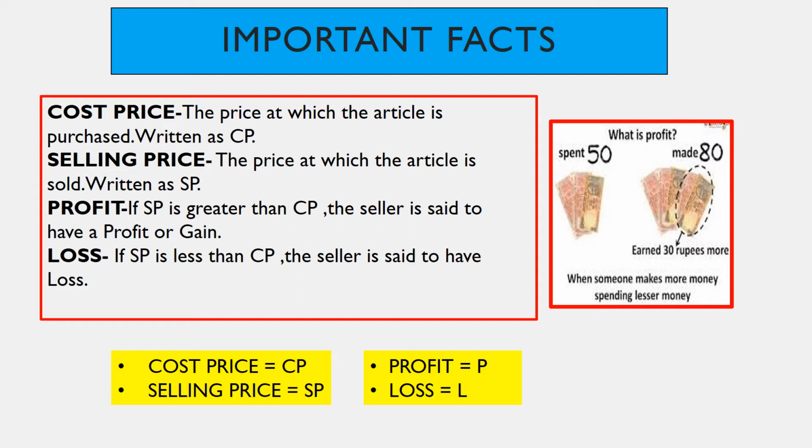If SP is less than CP, the seller is said to have loss. And we know that the cost price is denoted by CP, the selling price is denoted by SP, profit is denoted by P, and loss is denoted by L.